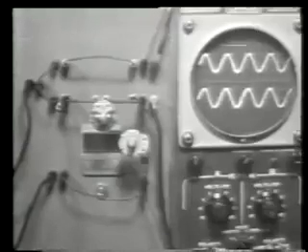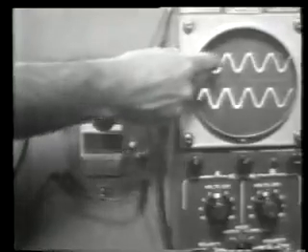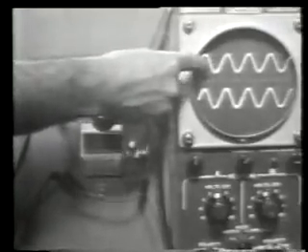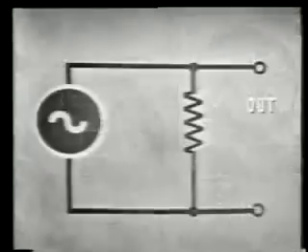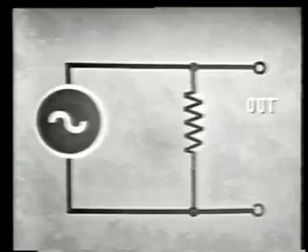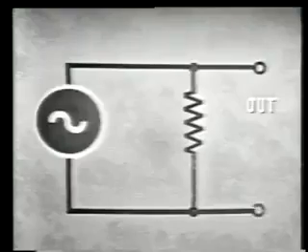You can also hear that we're getting our audio tone clearly through this circuit now. We have 10 volts in our input, 10 volts directly from the signal generator, and we also now have 10 volts in our output. So we can conclude that to have maximum output voltage requires minimum series opposition and maximum shunt opposition.